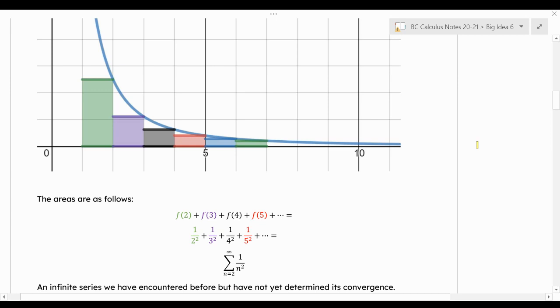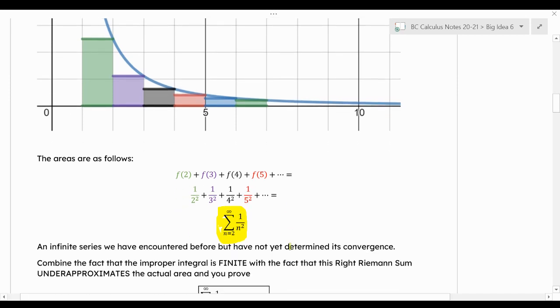The Riemann sum for 1 over x squared would end up looking exactly like the series that we want to determine converges or diverges. So we can tie together the idea of a Riemann sum, an old idea, to a new idea, infinite series, because again, all new math is just old math repackaged.